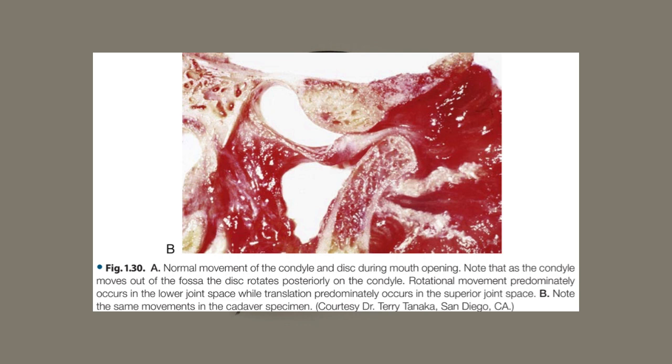When the mouth is closed, the closed joint position, the elastic traction on the disc is minimal to none. However, during mandibular opening, when the condyle is pulled forward down the articular eminence, the superior retrodiscal lamina becomes increasingly stretched, creating increased forces to retract the disc.